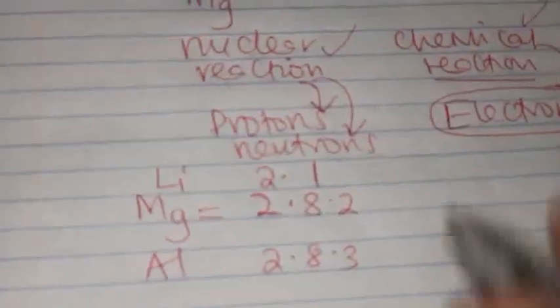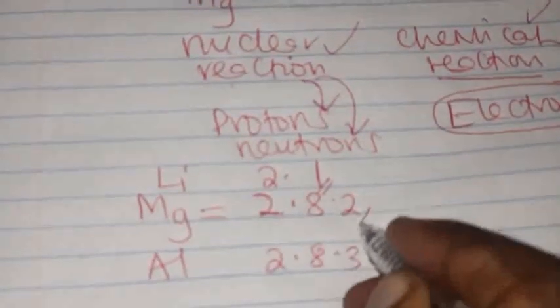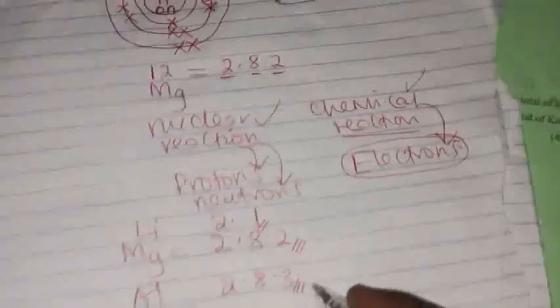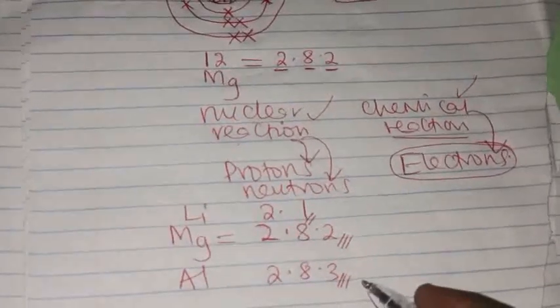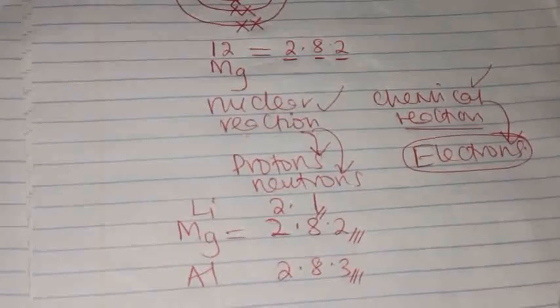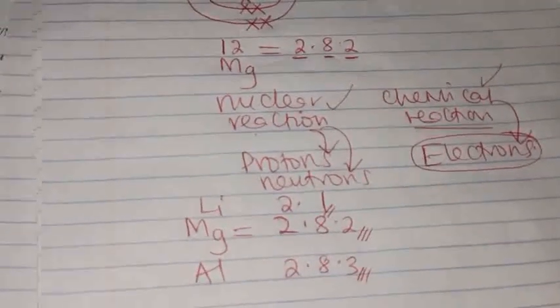And this can be aluminium. So if an element has 1 electron in the outermost energy level, or 2 electrons, or 3 electrons in the outermost energy level, this element ends up reacting by losing.